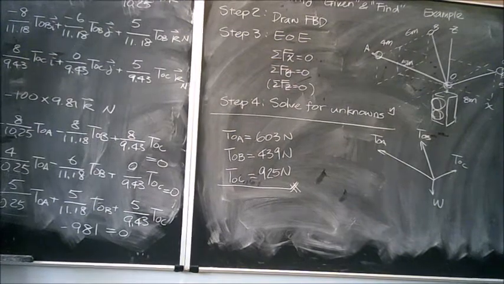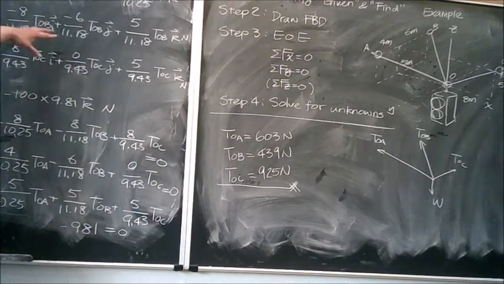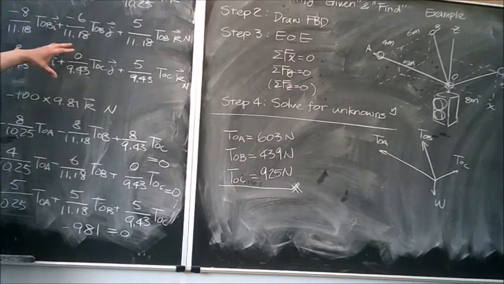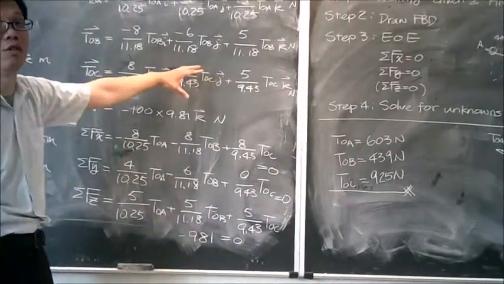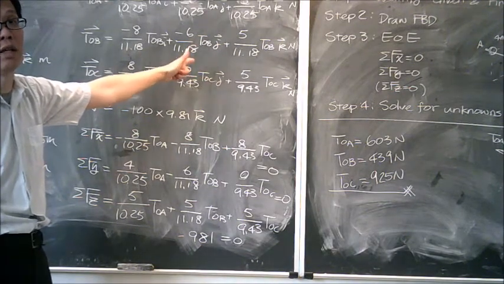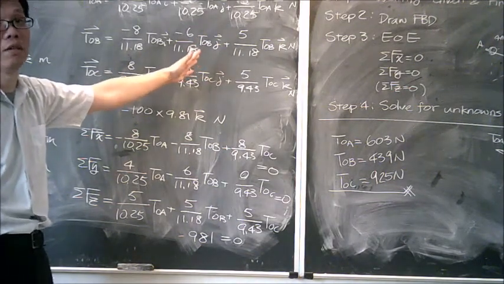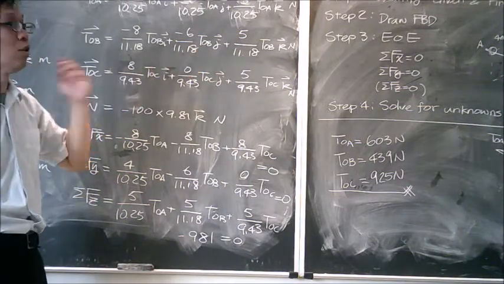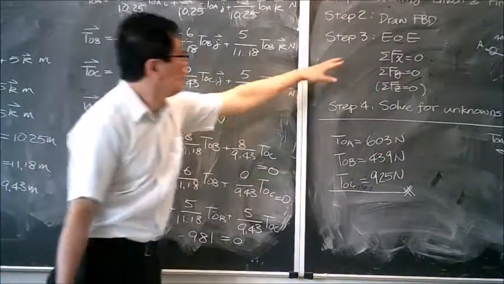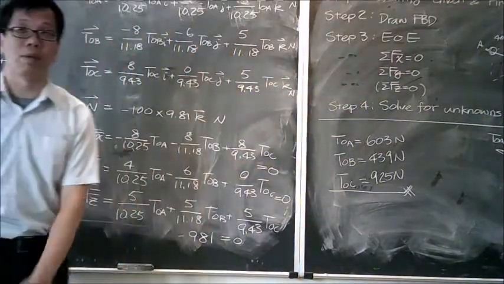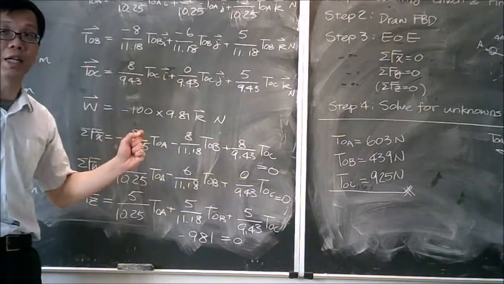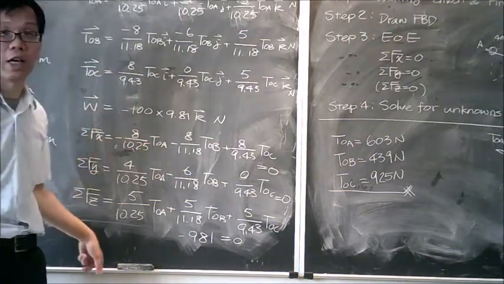So if we figure out everything, we just put things over here. Once you know how to represent everything in force, it's much more tedious than a two-dimensional problem, because in two dimensions you only need to use cosine and sine. But here, you can't. You need to decouple everything in three dimensions. And once you figure that out, the sums in x, y, z all equal to 0. Depending on how many unknowns you have, solve for the unknowns.